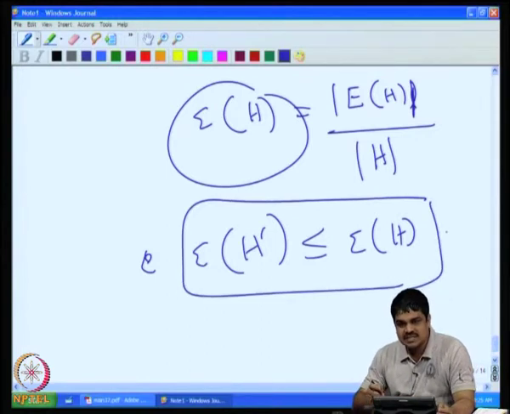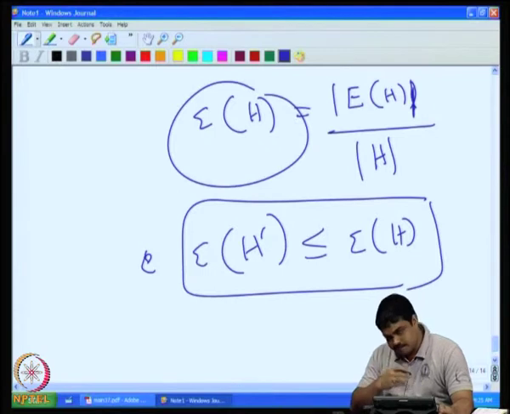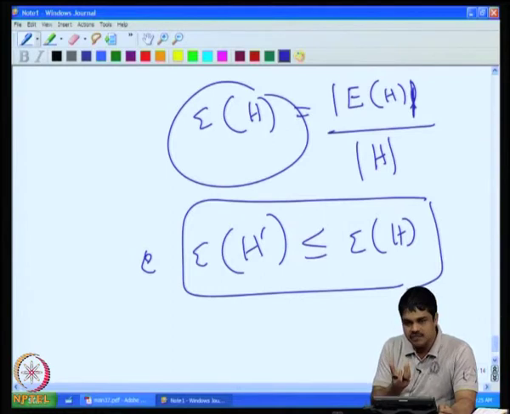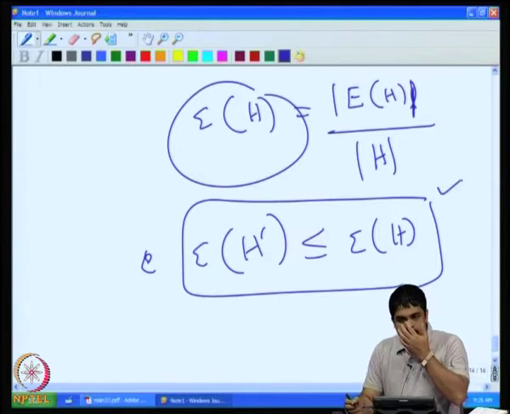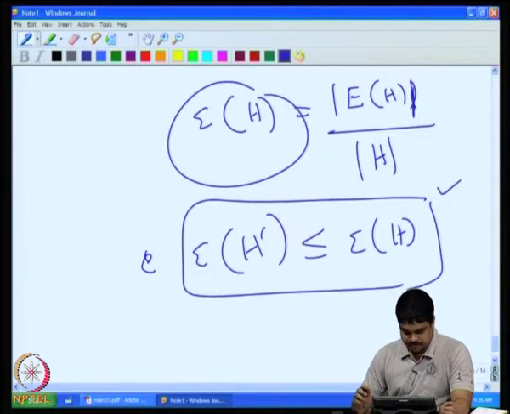In some sense, it says that there are no very concentrated portions inside the graph. The biggest graph captures the maximum edge density, so all smaller graphs will have edge density at most as much as the bigger graph. This is the property of being balanced.